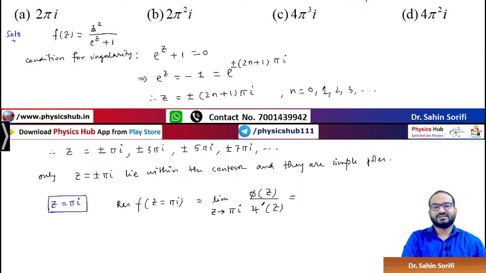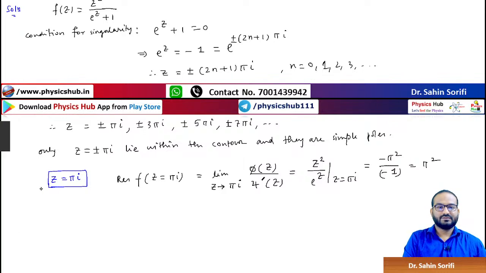So phi of z is z square and psi prime is the derivative of e to the power z plus 1, which is e to the power z itself. So z square by e to the power z at z equals pi I. So (pi I) square is minus pi square divided by e to the power I pi. E to the power I pi is minus 1. So this is pi square.